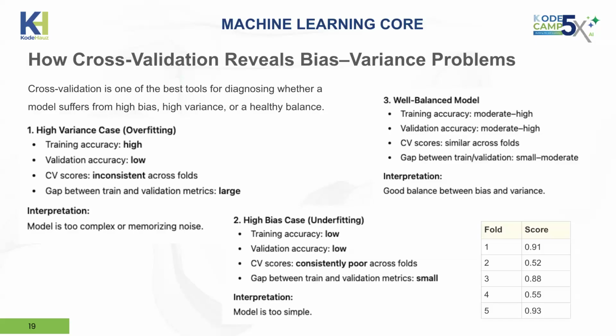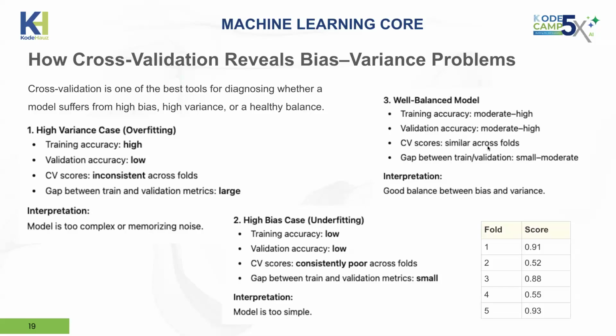But for high bias, that is a model that's underfitting, you find that it has a low training accuracy and also a low validation accuracy. It cannot learn on the training data, and of course it will perform poorly on the validation data. But if you have a good model that is well balanced for the data, it will have moderate to high training accuracy and moderate to high validation accuracy.